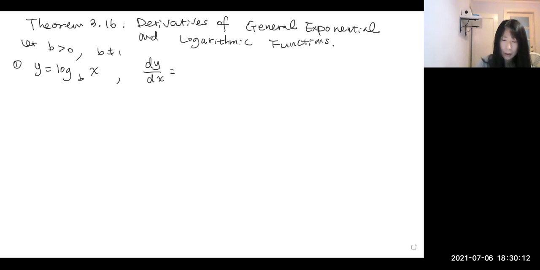We bring down x, right? But then base b is a number, right? So we're going to use ln b. It's a very similar way to ln x.